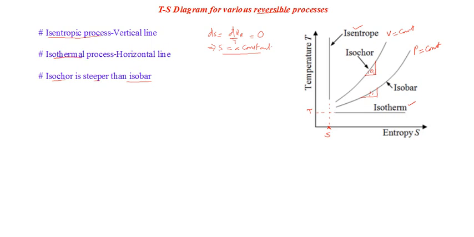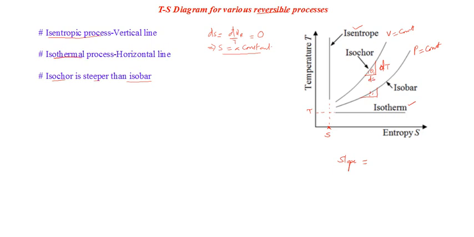The slope in this TS graph will be equal to delta y over delta x. If it is infinitesimally small, this is some dT, and this is the corresponding dS, because the x-axis is entropy and the y-axis is temperature.